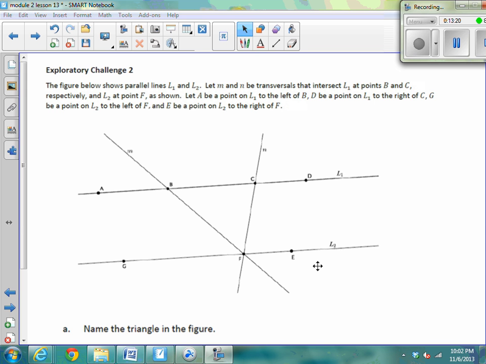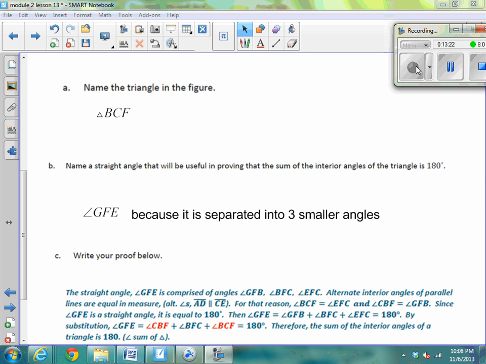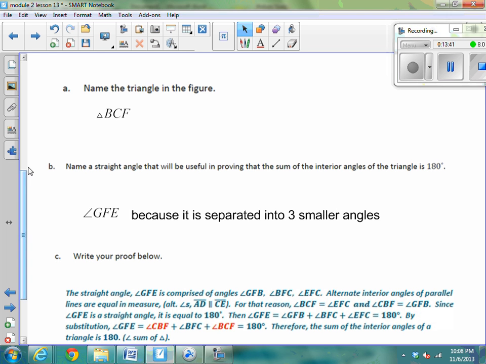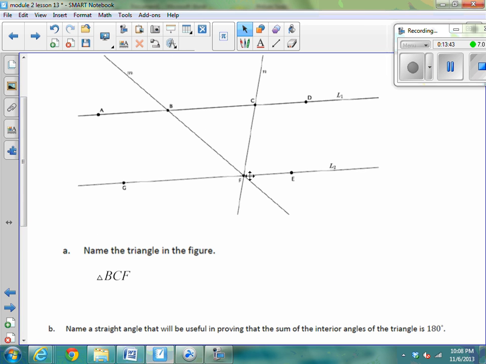So let's name the triangle in the figure. So the triangle in the figure is triangle BCF, and name a straight angle that will be useful in proving that the sum of the interior angles of the triangle is 180 degrees. Well, look at the straight angle GFE. Let's look at that, GFE. GFE is a straight angle, but notice that it's separated into this angle, and this angle.